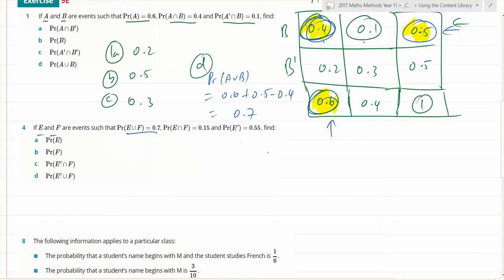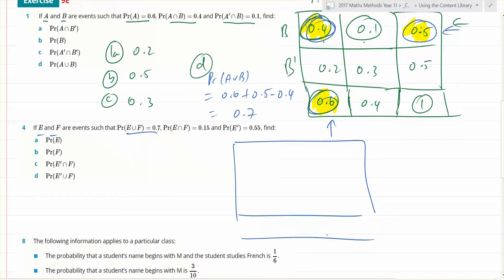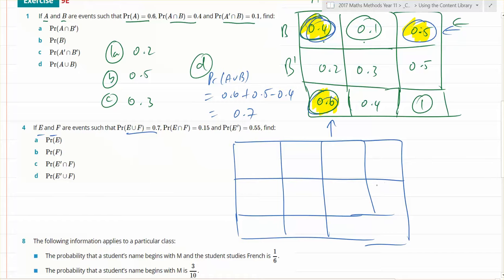This one's a bit more tricky because we're given information that needs some work before we can get our answers. We've got E, not E, F, not F. The hard part is identifying what you have and how to fill in the table.